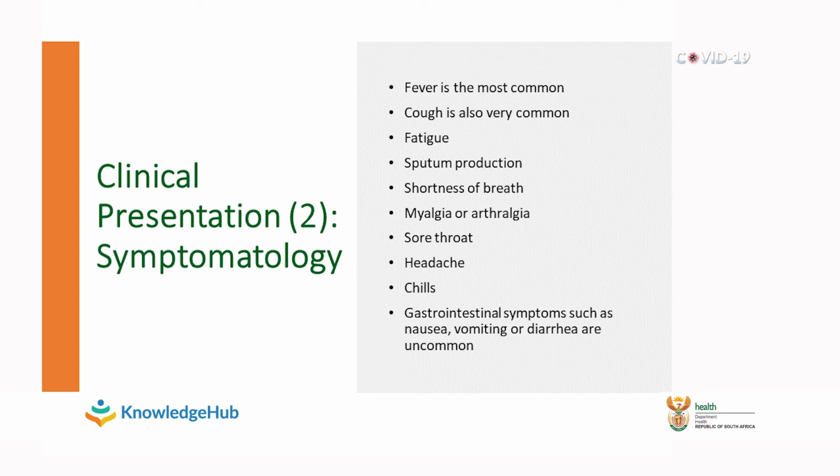They produce sputum, shortness of breath, myalgia, arthralgia, sore throat, headache, and chills are some of the commonest symptoms. But you could also have gastrointestinal symptoms such as nausea, vomiting, and diarrhea, but these are less common.